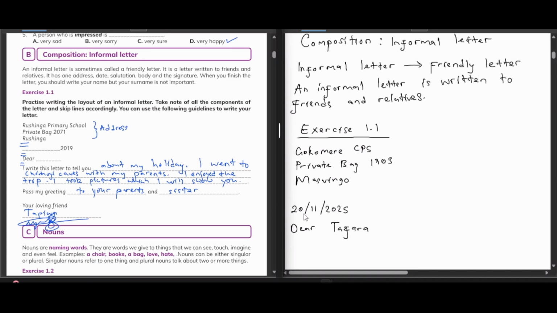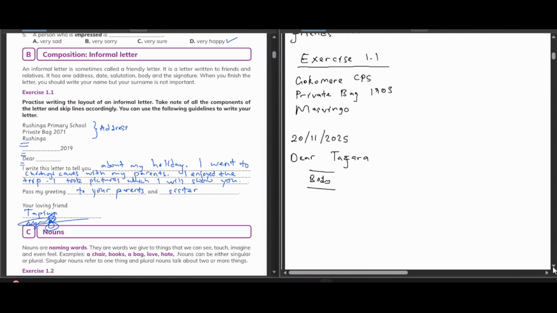Then skip a line, you put a date, which is the date when you are writing. That's why I put 20 November 2025. Skip a line, you say, dear, the name of your friend. My friend is Tafara. You write your letter in different paragraphs. So what you have written here is called the body.